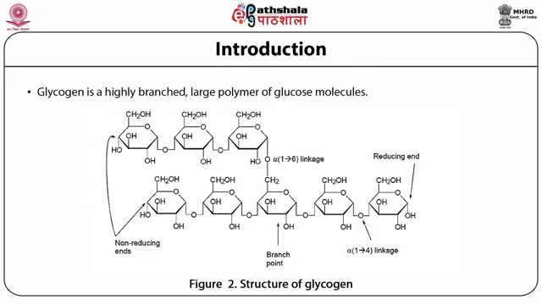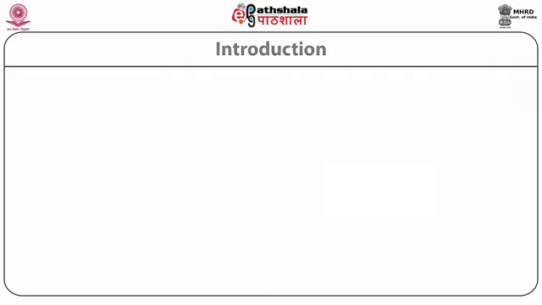Glycogen is a highly branched large polymer of glucose molecules which are linked along the main line by alpha-1,4 glycosidic linkages. Branches arise by alpha-1,6 glycosidic bonds at about every 10th residue. In vertebrates and many microorganisms, surplus glucose is converted to glycogen.